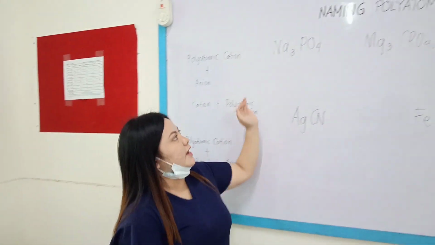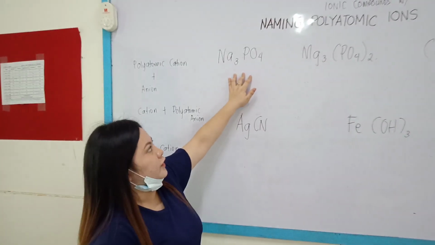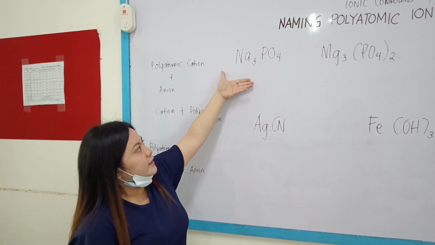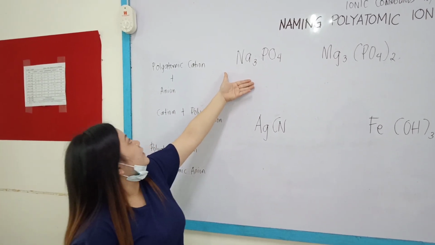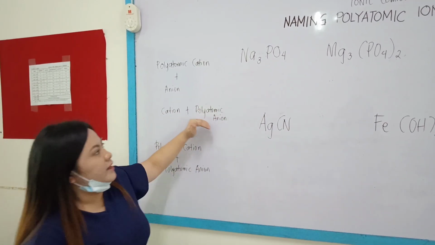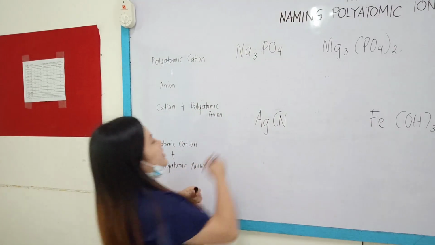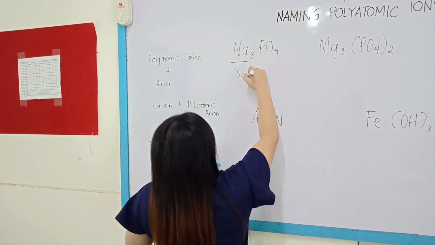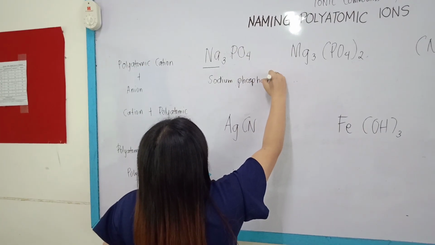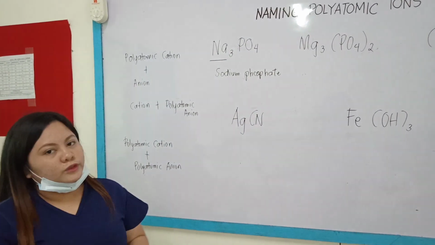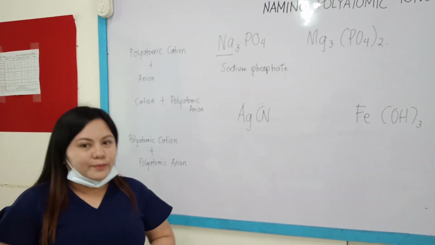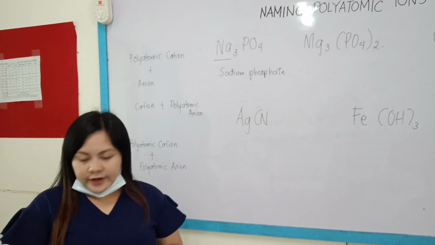For example, we have here Na3PO4. So, based on the chemical formula, it is the combination of the cation or sodium plus the polyatomic anion phosphate. So the name is simply sodium phosphate. So for you to be able to know the name of the polyatomic ion, you just have to use the periodic table.